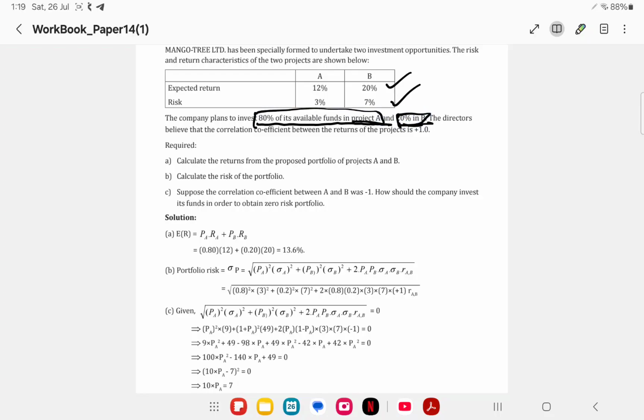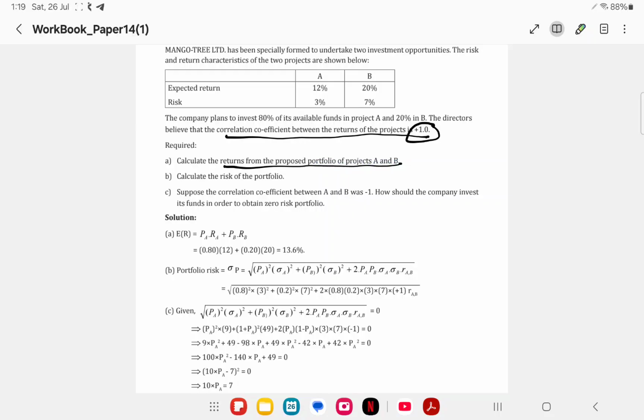The director believes that the correlation coefficient is given. Calculate the return of the proposed portfolio. You calculate this weight into expected return, plus this weight into this expected return, which will come to 13.6.